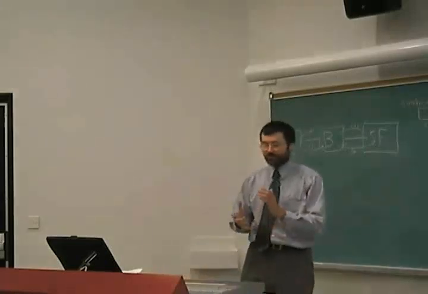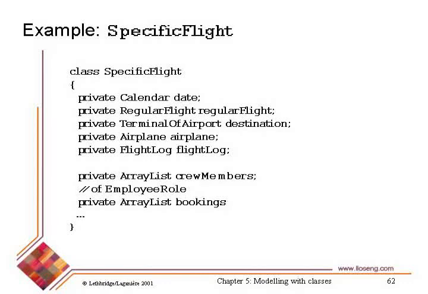Let's look at actual code. Okay, first of all, class specific flight. These are examples of some of the instance variables we have. So we've got date, which is the implementation of our date attribute. I'm using the calendar class in Java to do this.